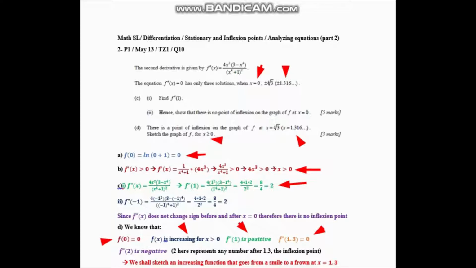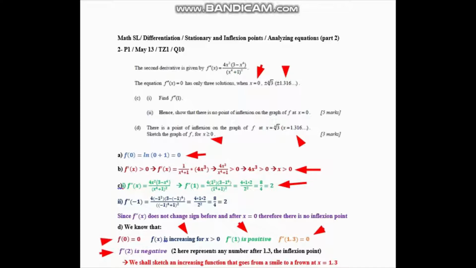So I expect that anything after 1.3 shall be a frown. So f double dash of 2 is negative. F double dash of anything after 1.3 shall be negative. I'm going to change from a smile into a frown at the inflection point x equals 1.3.